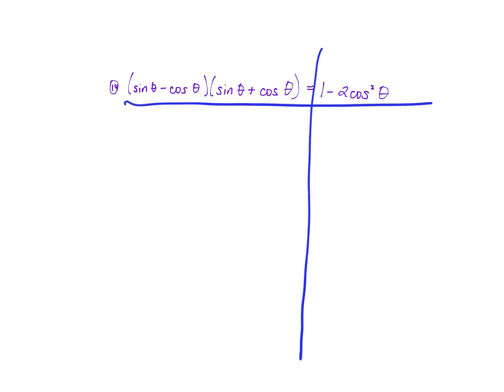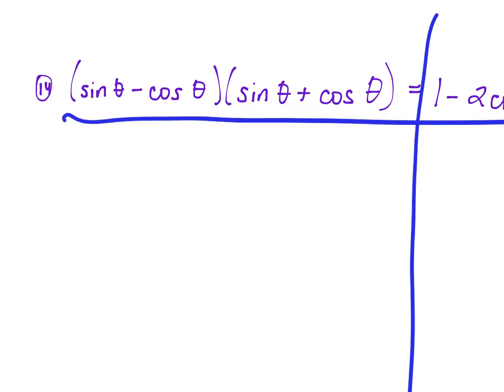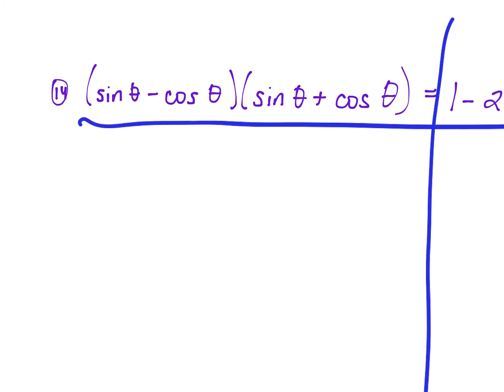What do you notice, though, on the left? What do you notice that these are? Same terms, but opposite. They're opposite of each other, right? So what can we do? Think algebraically. FOIL, right? Sine times sine, sine squared. Sine times positive cosine plus sine cosine.